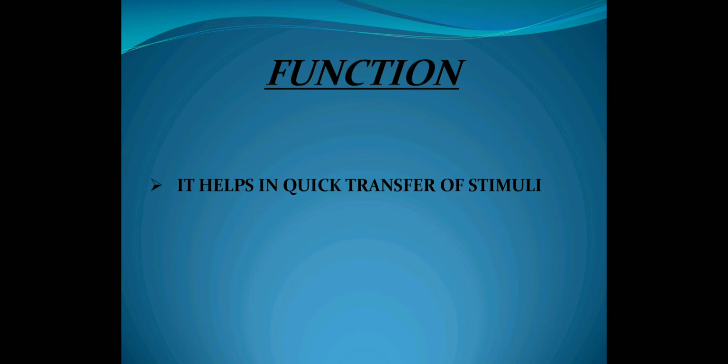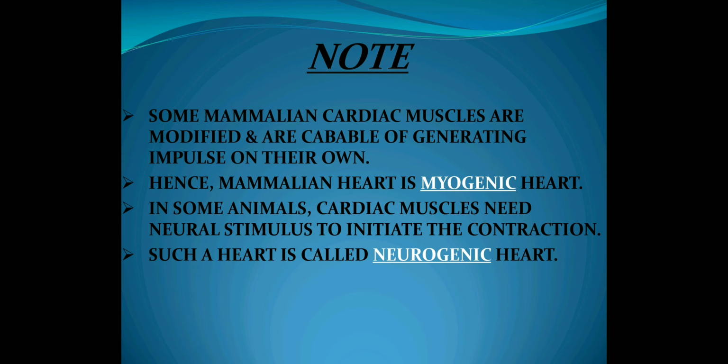One important note you have to remember is that in some mammals the cardiac muscles are modified, and they are capable of generating impulses on their own. Such hearts which can generate impulses on their own are called myogenic hearts. So the mammalian heart is myogenic, and in some animals these impulses have to be generated with the help of a neural stimulus.